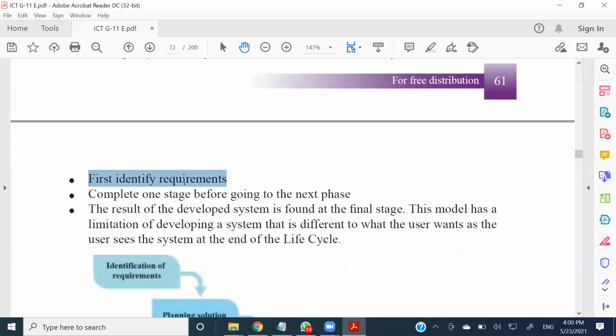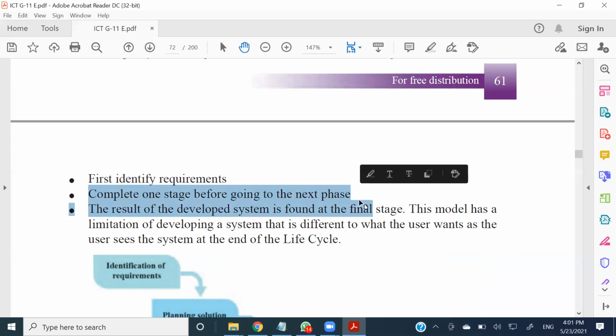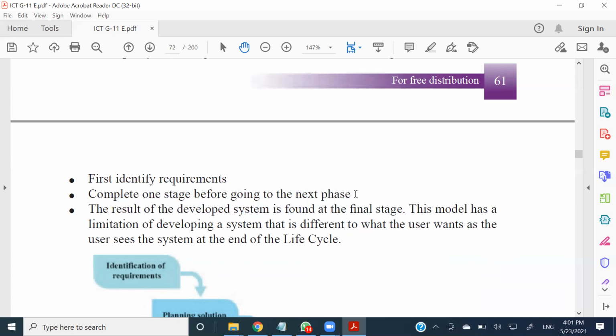That is what we do in any SDLC, but once it is done, complete one stage before going to the next phase, as I told you, right? Because there are models where we can go to other phases without completing the previous phase. And the result of the developed system is found at the final stage.